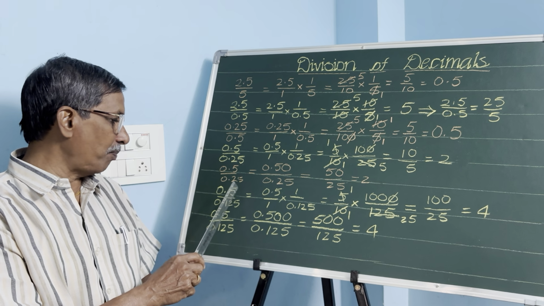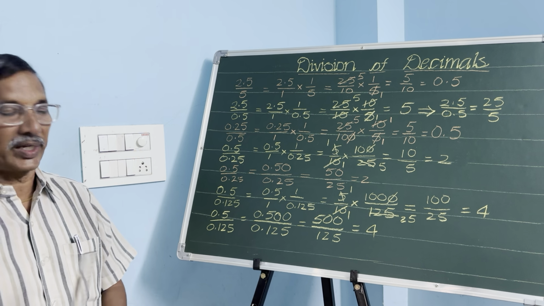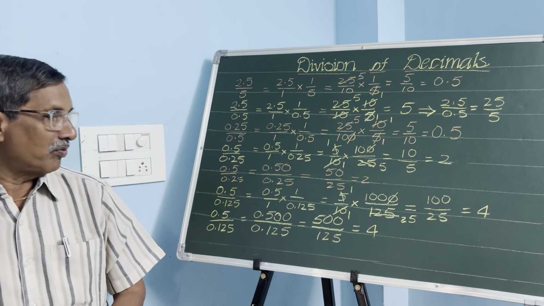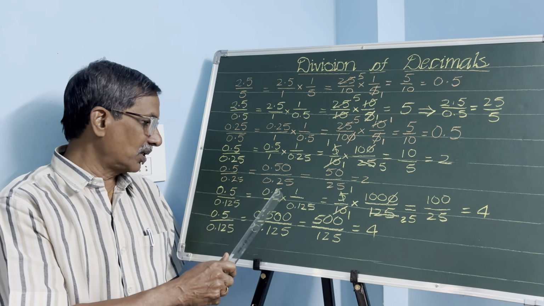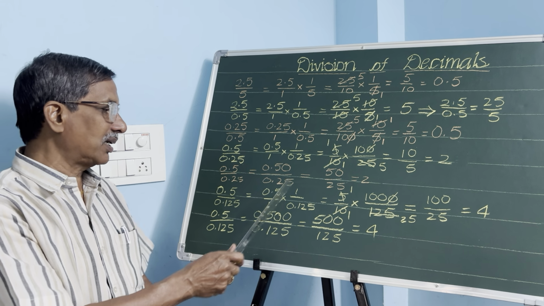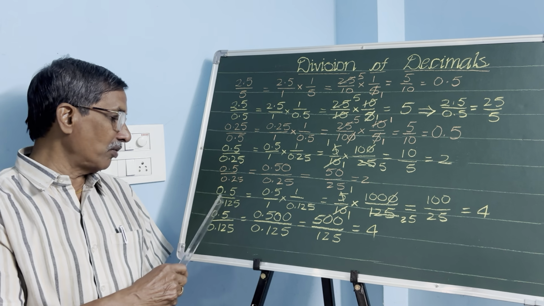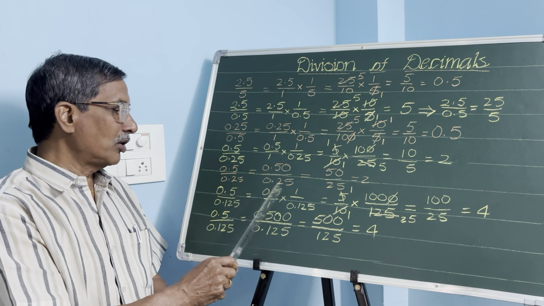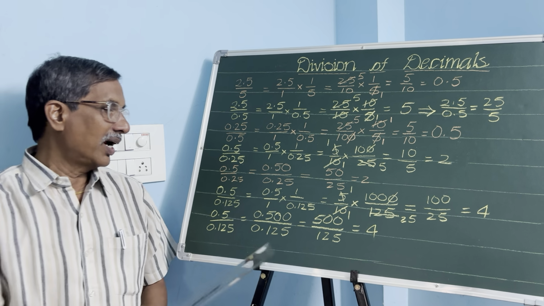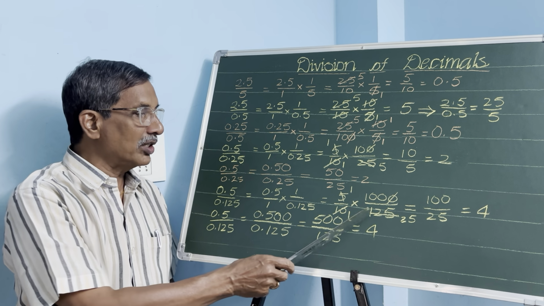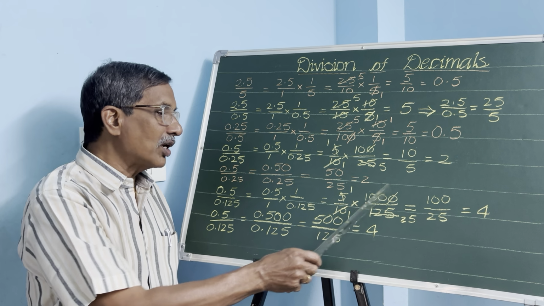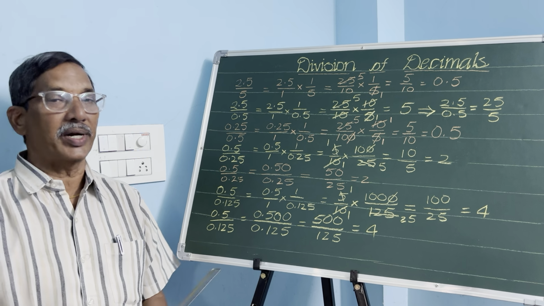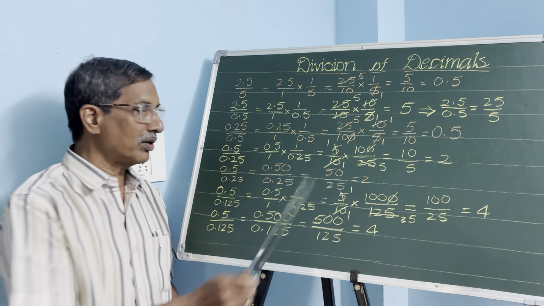Coming to the next one, 0.5 by 0.125. 0.5 can be written as 0.5 by 1, and the inverse of 0.125 is 1 by 0.125. 0.5 can be written as 5 by 10, and 0.125 can be written as 125 by 1000, since 0.125 has 3 decimal points, so we write 3 zeros after 1.